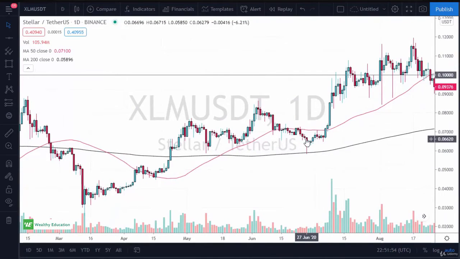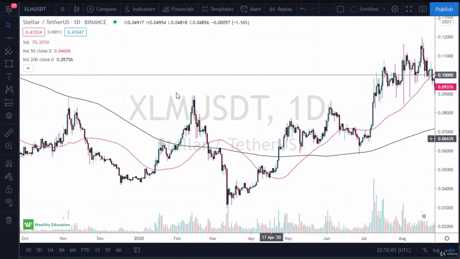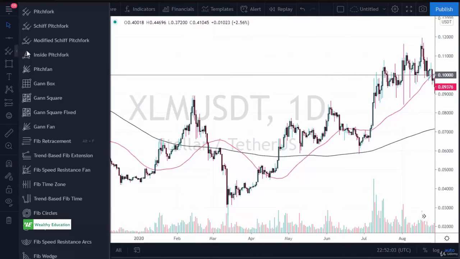That's shorter term, but that's longer term momentum coming into play. Notice this hammer-like candlestick right here, right at previous support at 6 cents and the 200-day EMA.